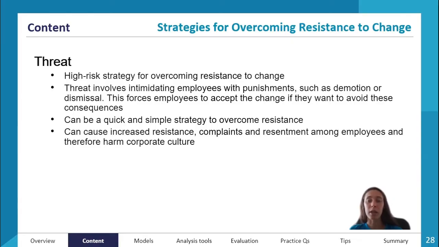So you could be threatening them with demotion or a dismissal entirely. They could be losing their job if they don't get on board with the change. And that's going to force employees to accept the change if they want to avoid those consequences.